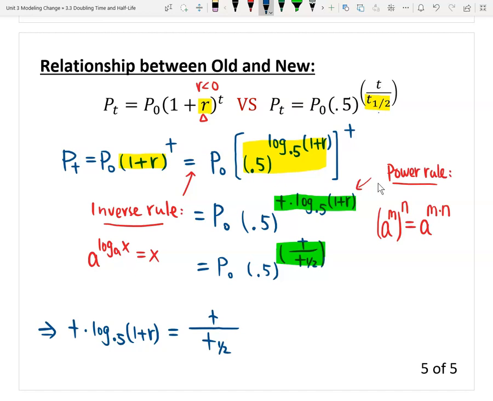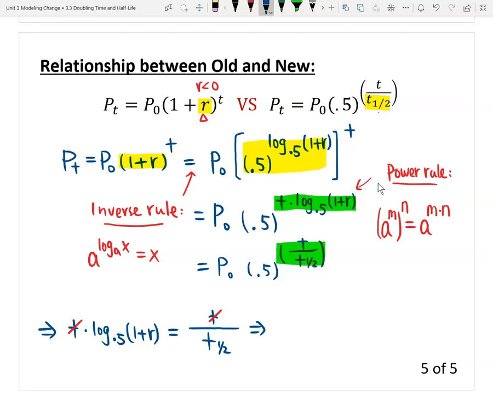Okay, so this is the equation, and we can find the relation between r and T1/2. Let's simplify. Both have t, so we can divide both the left and right by t. Now we get this result.